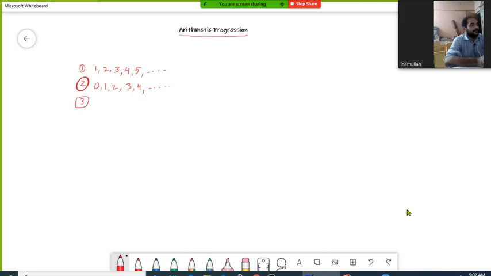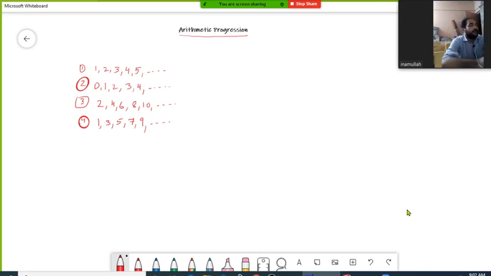Another set of numbers: 2, 4, 6, 8, 10. In the same way, we can take another set of numbers as 1, 3, 5, 7, 9, and onwards.